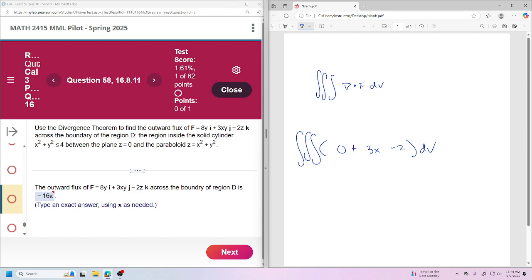Solid cylinder. This guy between z and this thing. So 0 is on the bottom and this thing's on the top? I guess it is polar here. Let's just understand what's going on here.